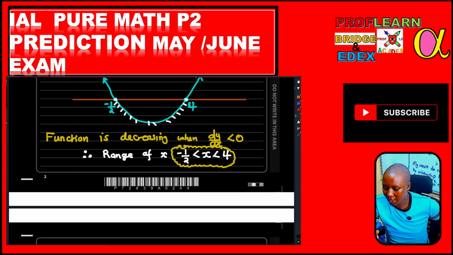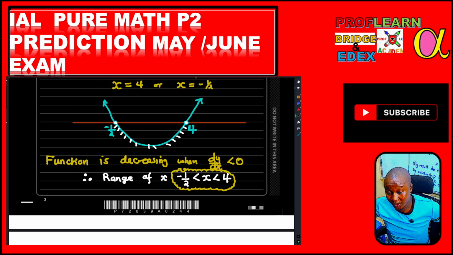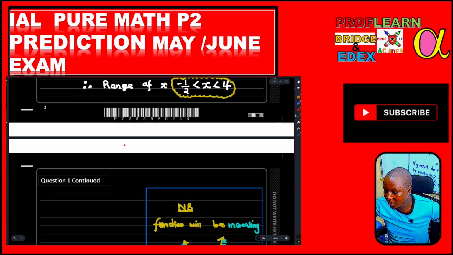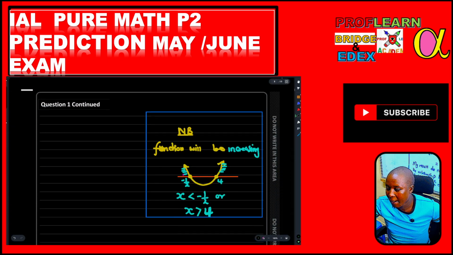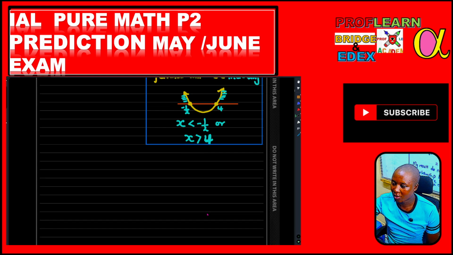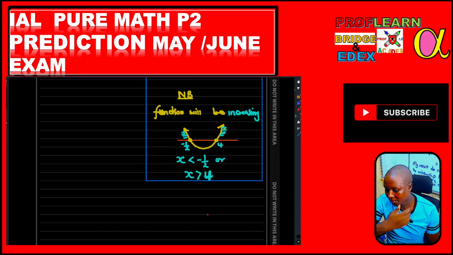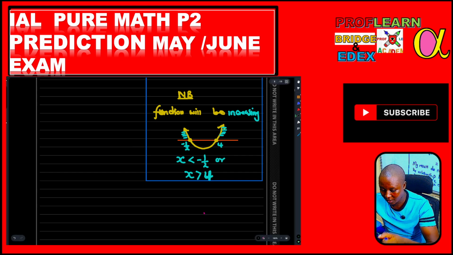So anytime you are asked to show that the function is increasing, you are not going to take the region that I've defined here. We are going to take the region shown here. It will be above the line. So we are going to say x is less than negative 1/2, or x is greater than 4. Basically that's how you are to state that answer if you are told to show the function is increasing.